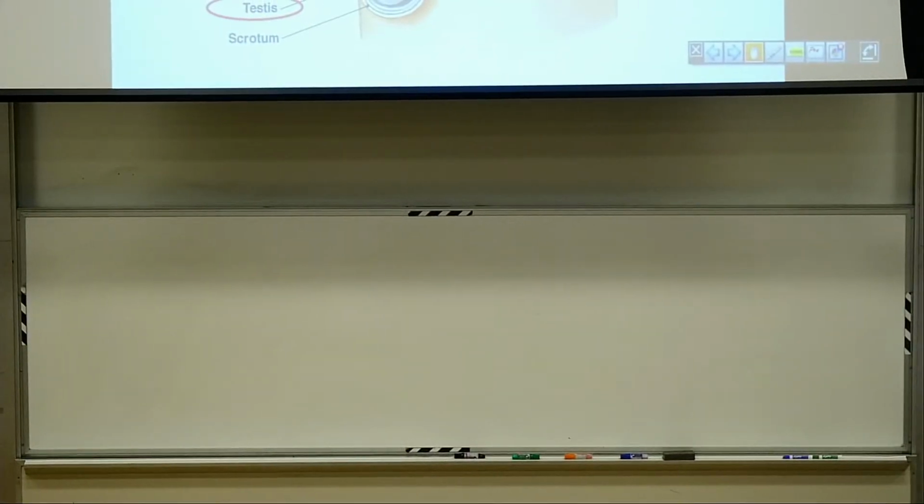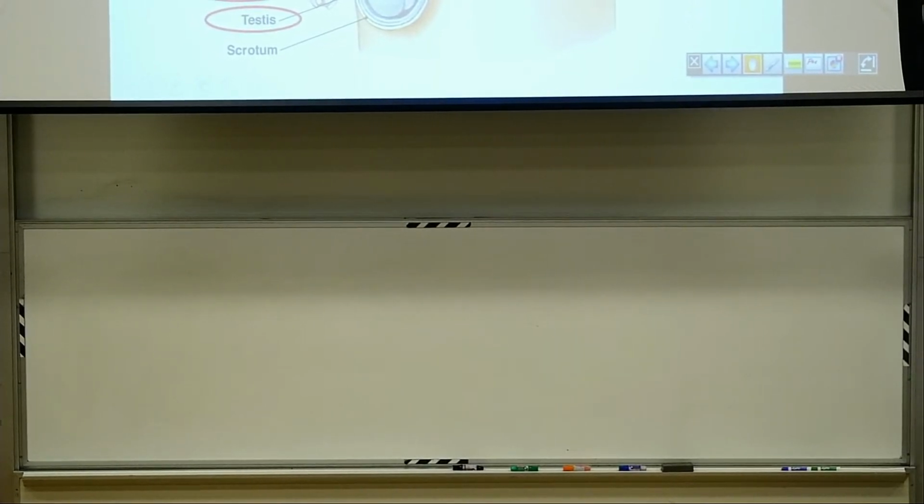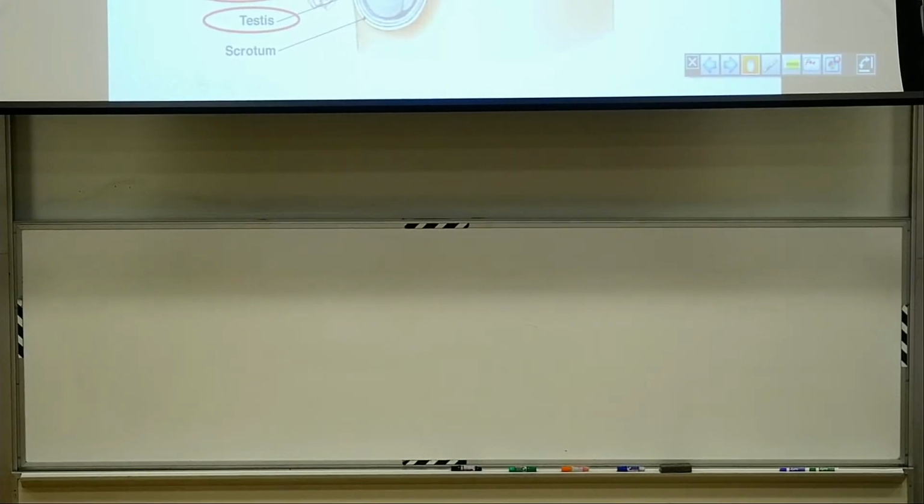As you can see in the picture, the main parts of the male reproductive anatomy include the testis. This is the site where sperm is produced, and the produced sperm goes to the epididymis, where it is stored and matured a little. Then the contractile activity of the epididymis leads to the release of the sperm to the structure called the vas deferens.